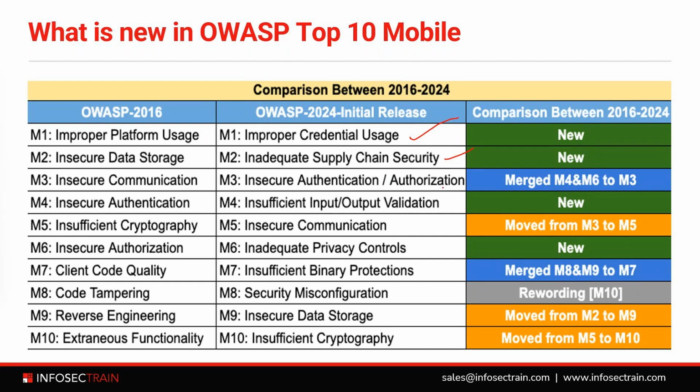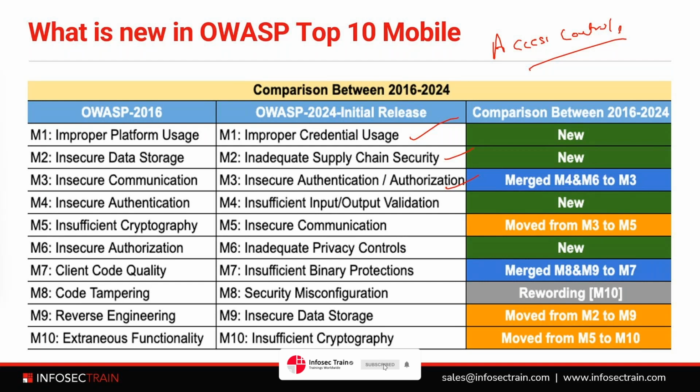Then insecure authentication and authorization, that means you're not properly working with multi-factor authentication or two-factor authentication, and you have not given proper access controls. So we have to make sure that we have given proper permissions to our applications, right?